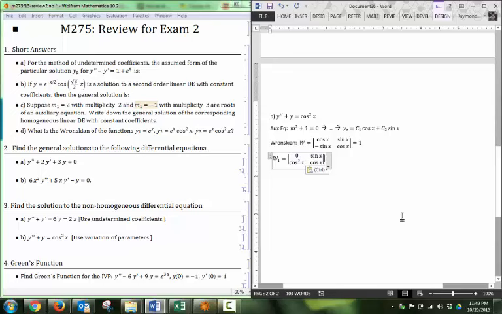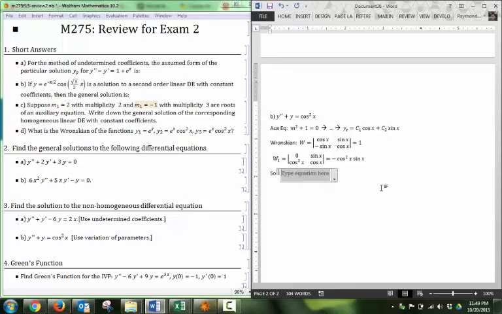I want to find the determinant of this, and the determinant going diagonal is 0, and then we have a minus sign, and then we have a cosine squared x times sine x. Okay? So with the Wronskian, the original Wronskian is 1, this is going to make life a little bit easier for us when we need to find out what u sub 1 is.